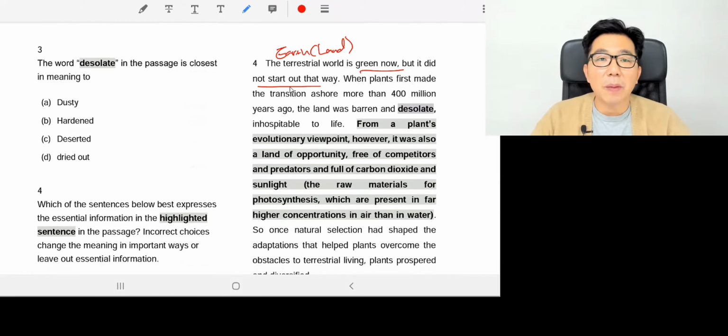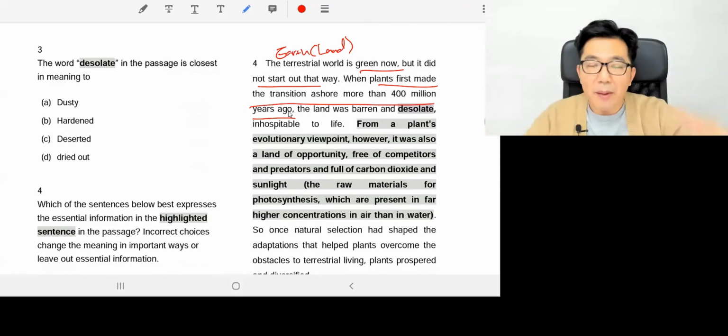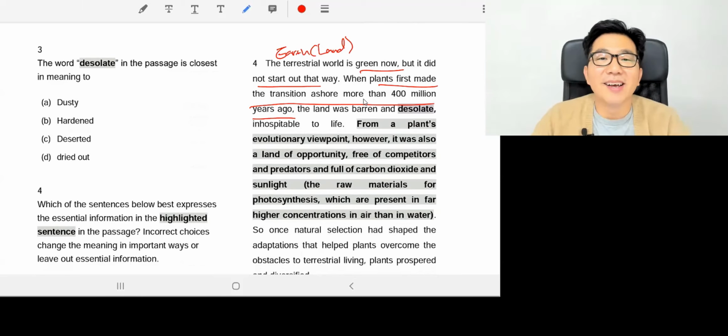When plants first made the transition ashore more than 400 million years ago. Okay, so 400 million years ago, seaweed came out of the freshwater and started to grow as grass. No, I'm just kidding. Okay. The land was barren and desolate. So here desolate is in the same direction as barren.